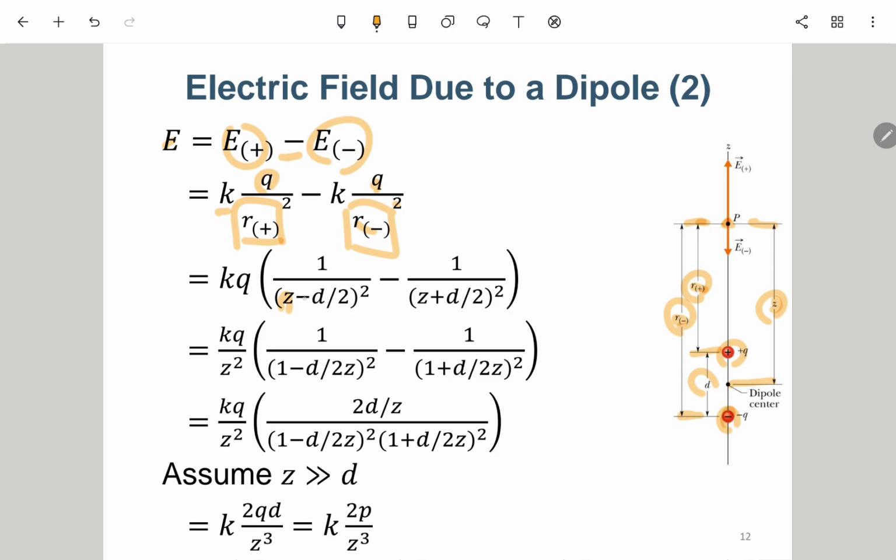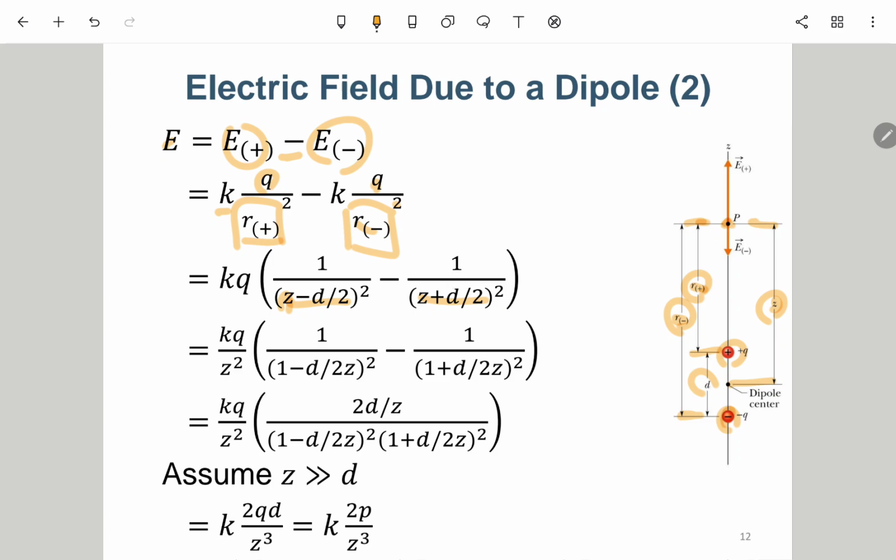It is very simple according to this figure. KQ is a common factor, so we just put it out. The remaining fractions in between are the difference of this fraction and this fraction.